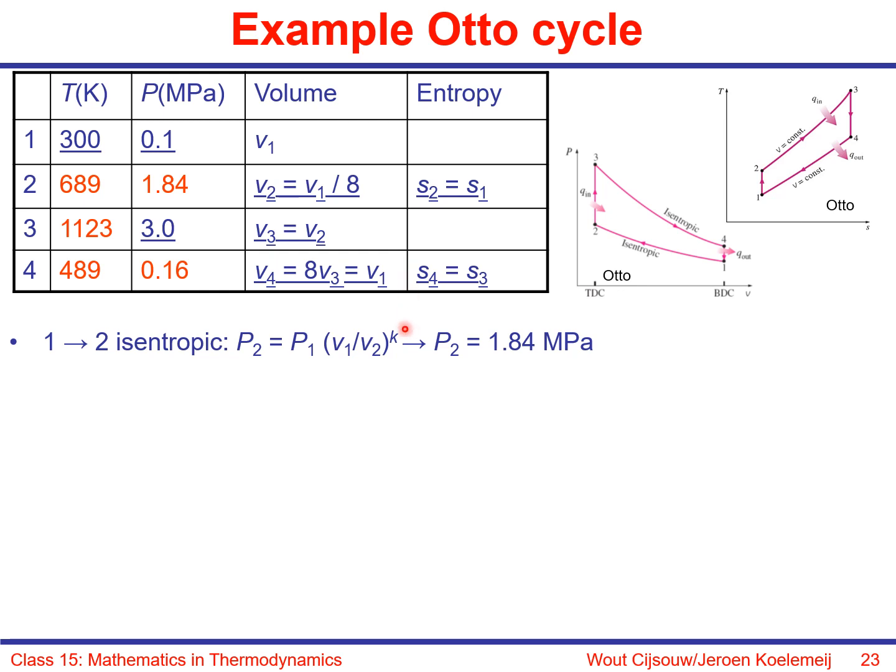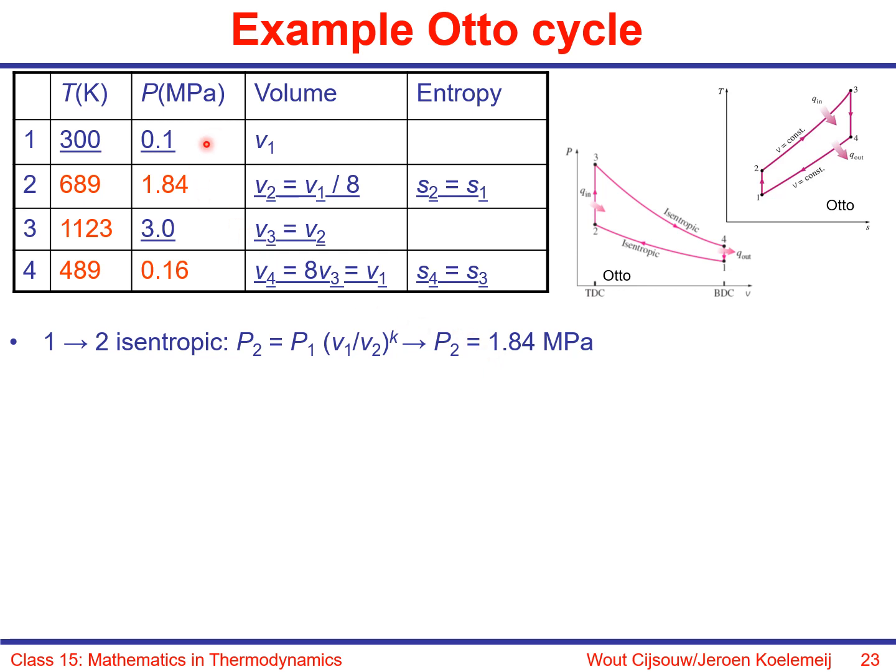And since we know K, we can compute P2. And why can we compute P2? Well, we know the initial pressure P1, and we know the compression ratio, and we know K. So that's how we figure out P2.